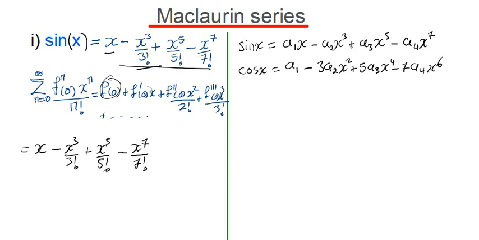So now, how you come up with the first coefficient, which is your a1, you have to substitute, where you have x, with 0. So if you put cos 0, which is 1, equals a1 minus 3a2 times 0 squared plus 5a3 times 0 to the fourth minus 7a4 times 0 to the sixth.